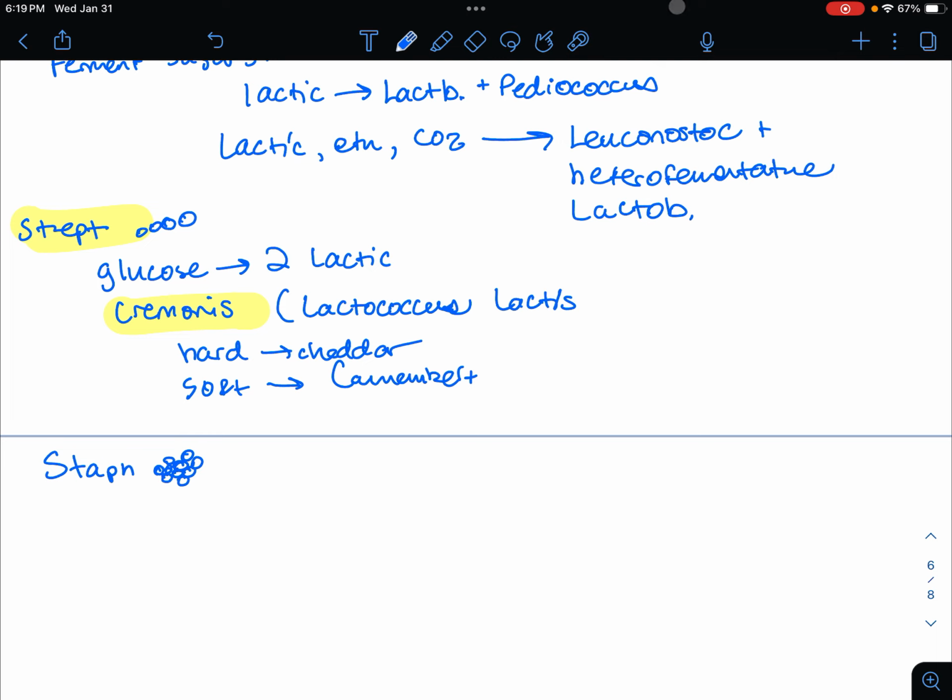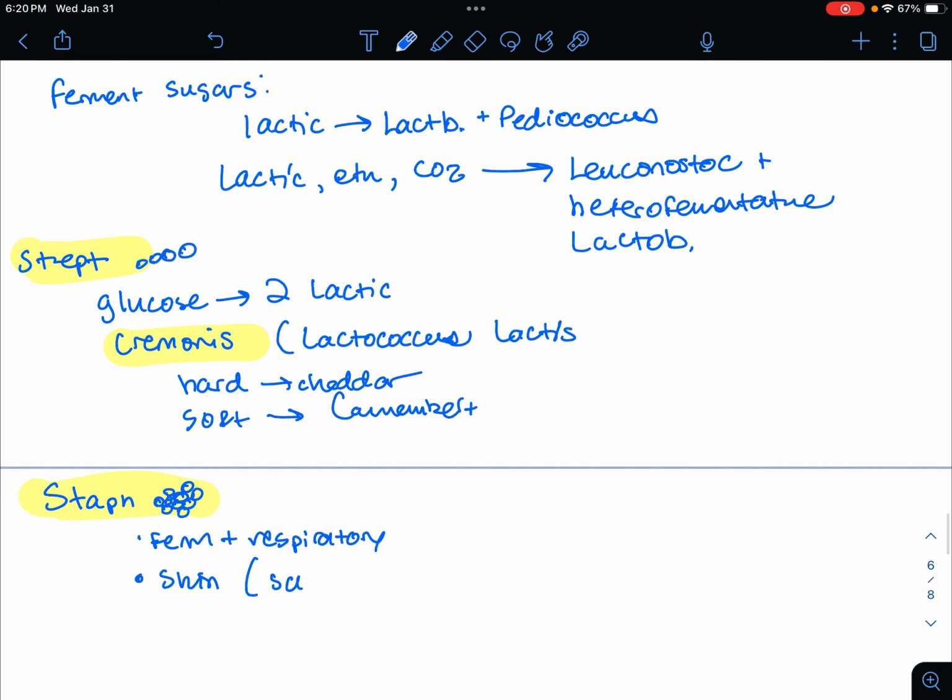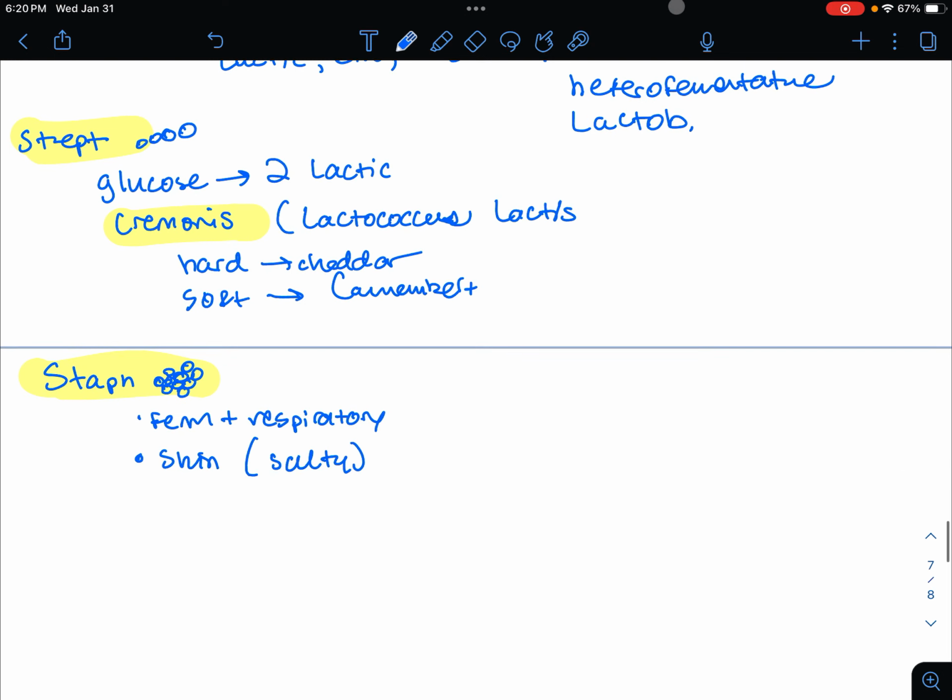Staph are going to be using sugars as their main source of energy. They could use both fermentation and respiratory means of metabolism. They're going to be found on the skin. They could tolerate salty environments, so they're able to grow there.